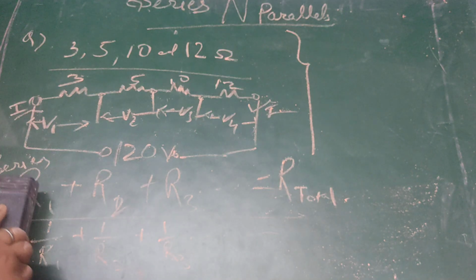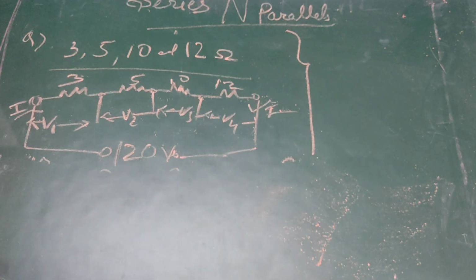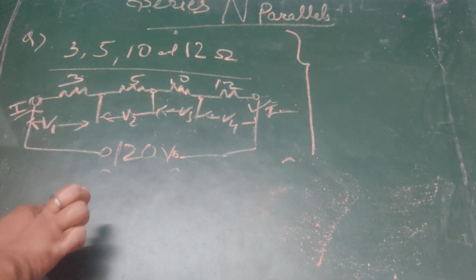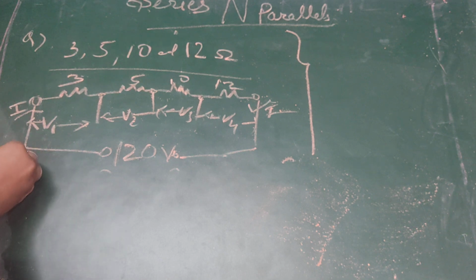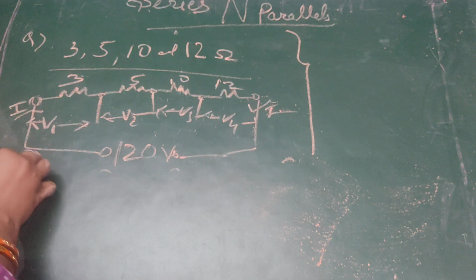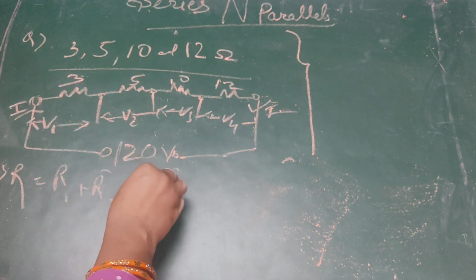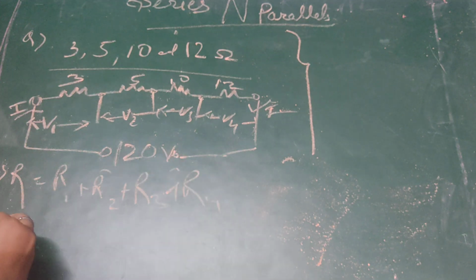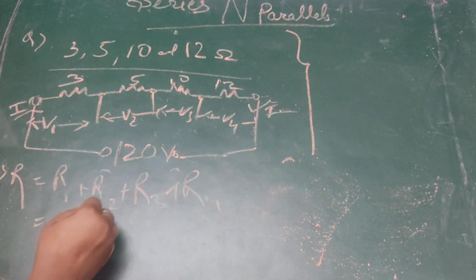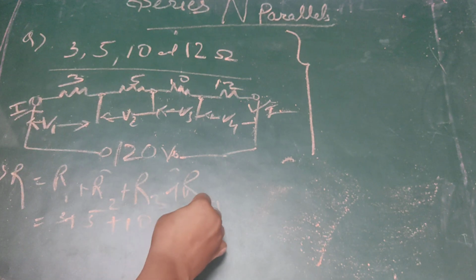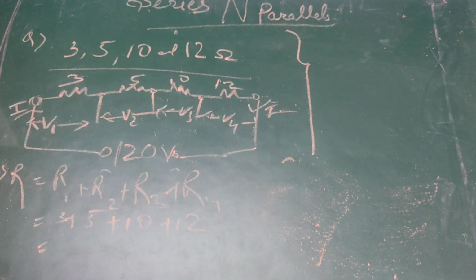So in this case, first we have to find the total resistance in series. How much will we get? 10, 20, that is total 30 ohm.